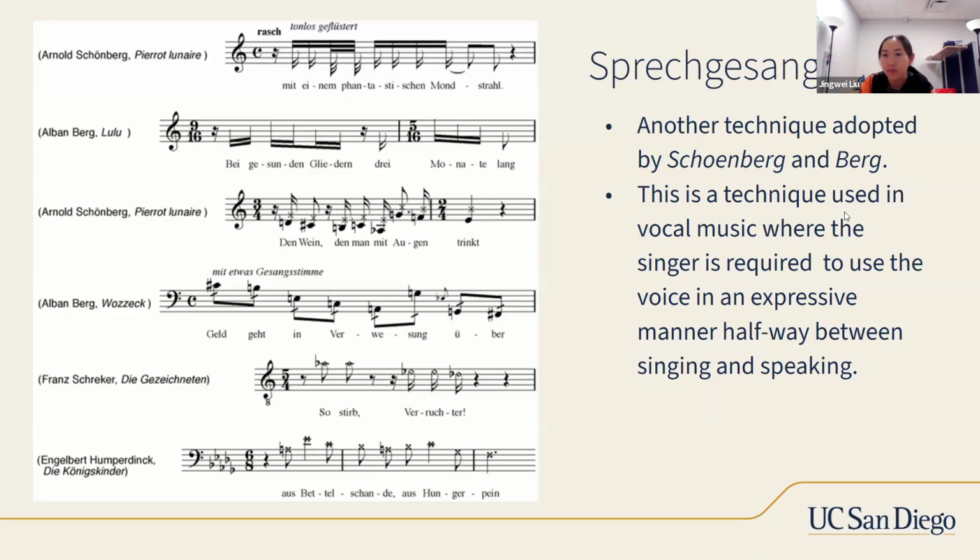It is a technique used in vocal music, where the singer is required to use the voice in an expressive manner halfway between singing and speaking, like illustrated in this composition.